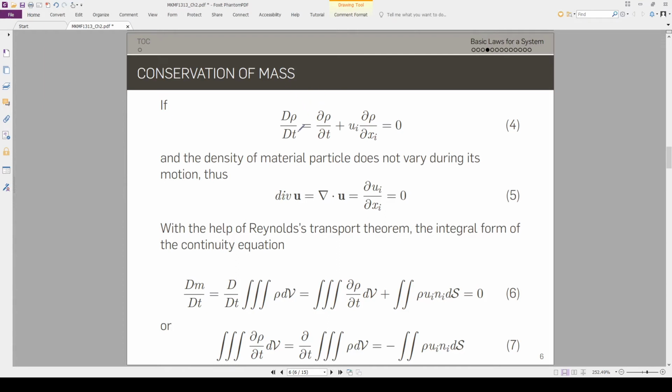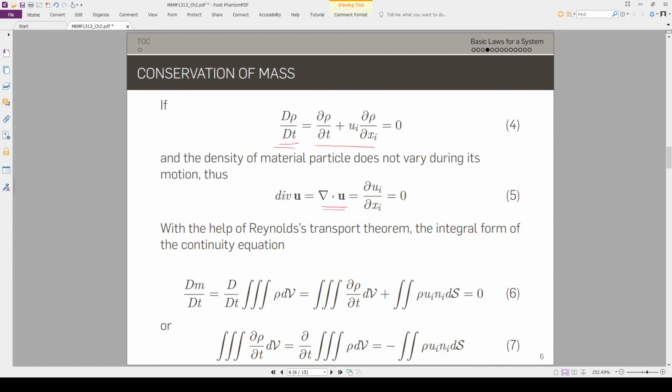So this slide is for equation number 4, and equation number 5 is just to explain the term dρ over dt. This is the equivalent expression for the term dρ over dt. And then we have the expression as well for nabla dot u.